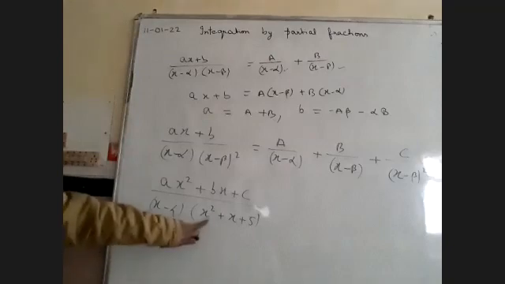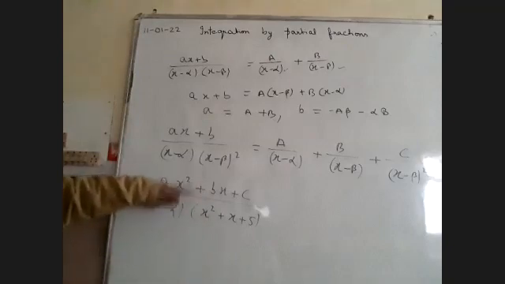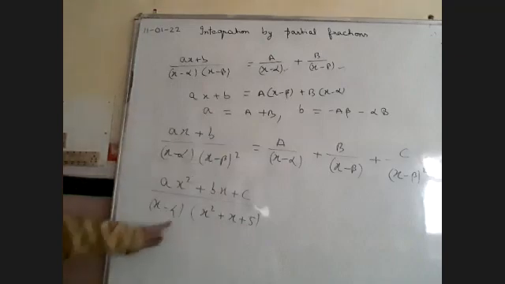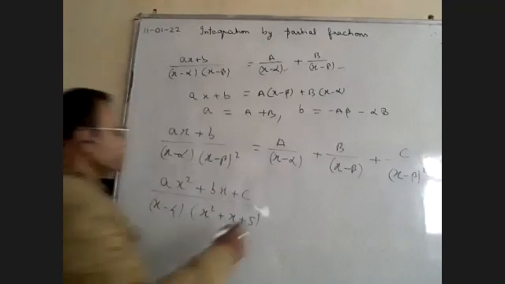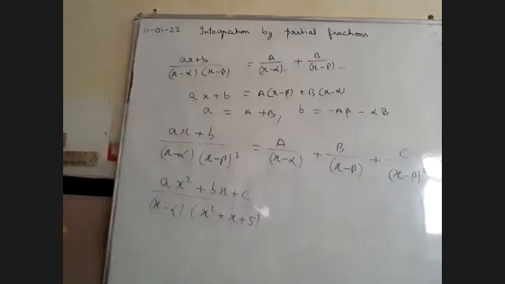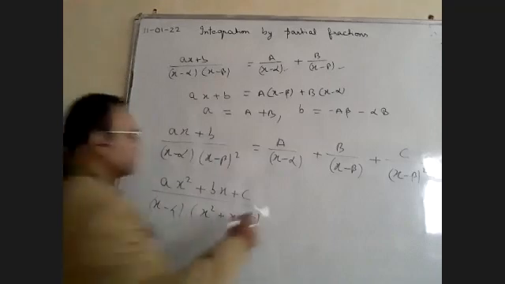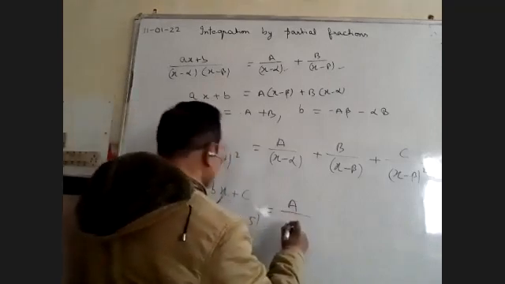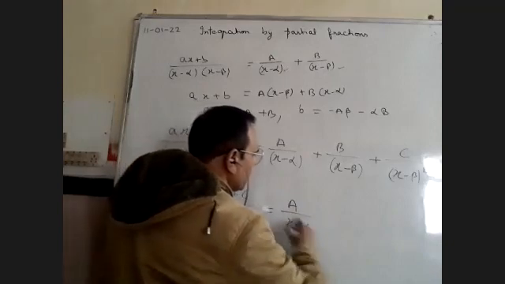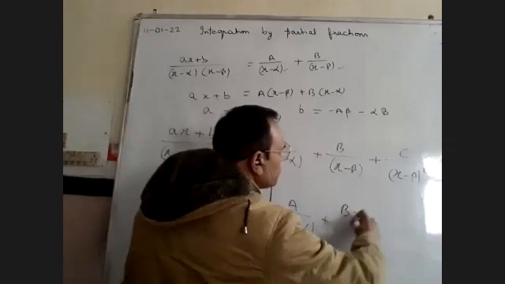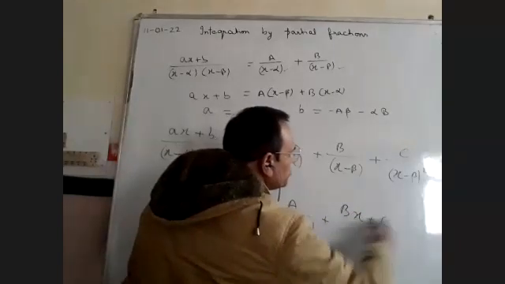If it cannot be factorized, we cannot write it in the form of x minus alpha, x minus beta, and x minus gamma. Then the degree of the denominator is 3 and the degree of the numerator is 2. It is a proper fraction. So we can write it in this way: A upon x minus alpha plus (bx plus c) upon the quadratic. We assume in this form.